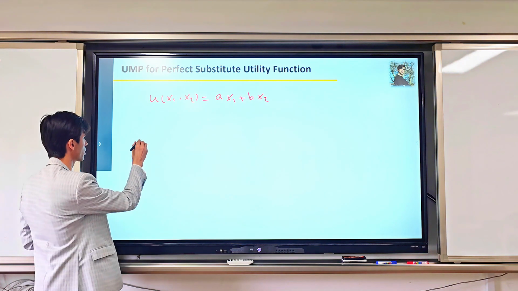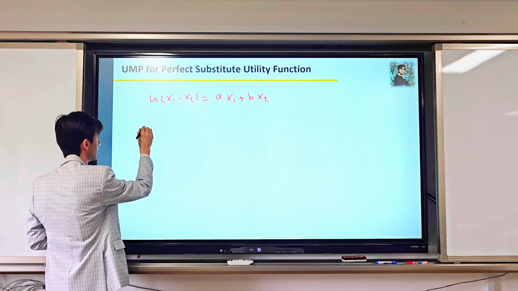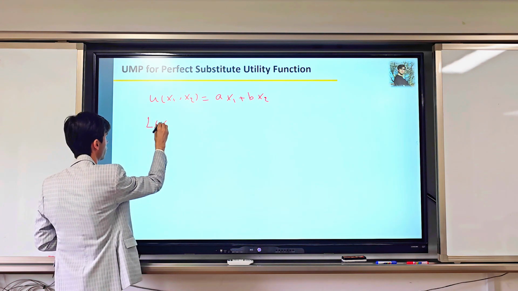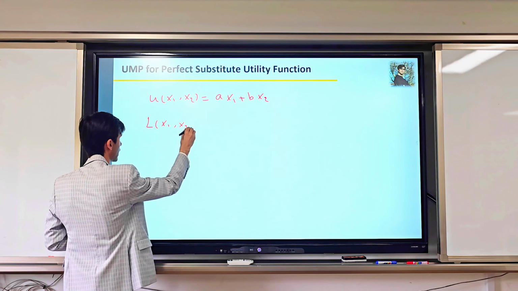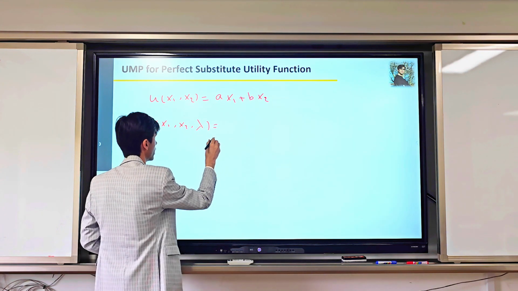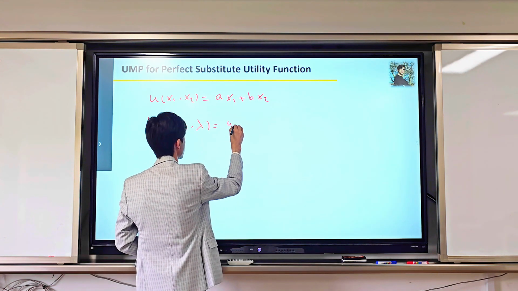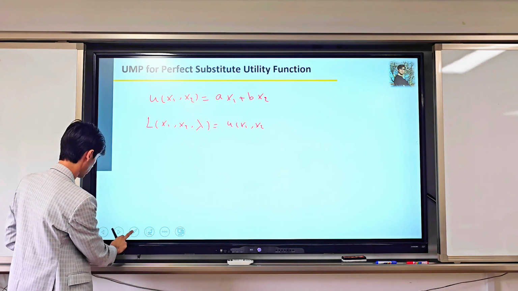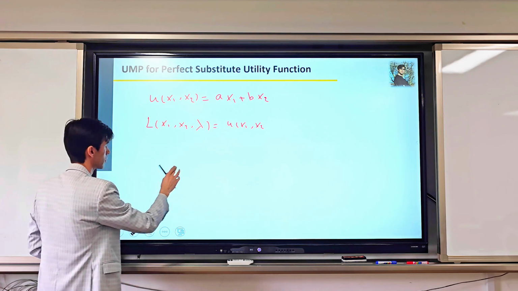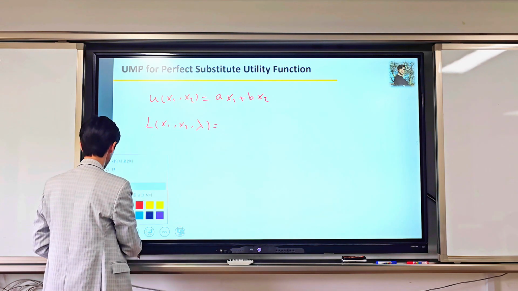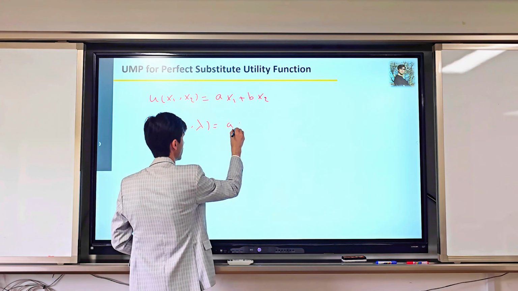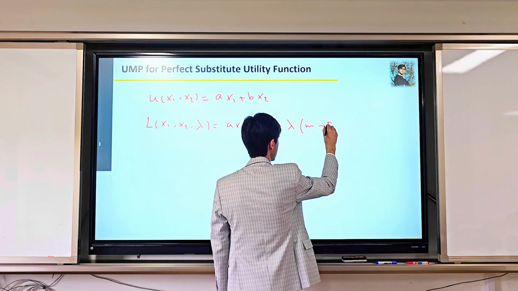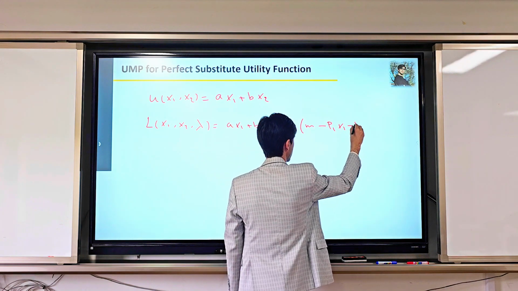For example, the Lagrangian of x1, x2, and lambda will be equal to u(x1, x2), or just simply the value ax1 plus bx2, plus lambda times m minus p1x1 minus p2x2.